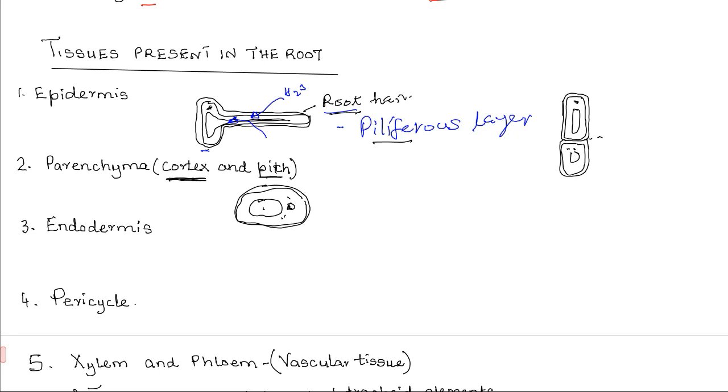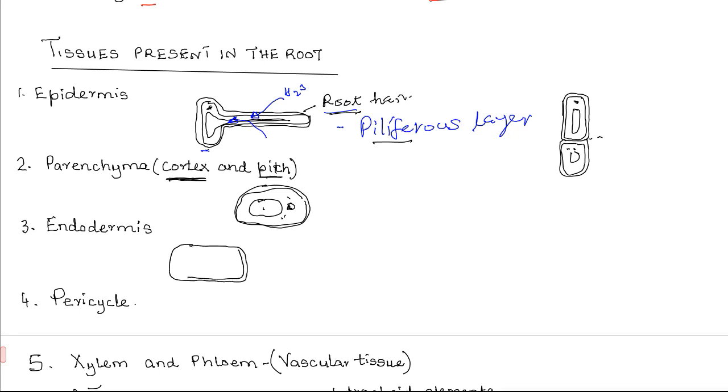Then the endodermis. The endodermis consists of a single layer of cells that surrounds the vascular bundles. The endodermal cells are characterized by the following features. 1. They have numerous starch grains.